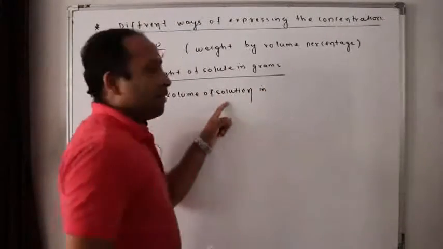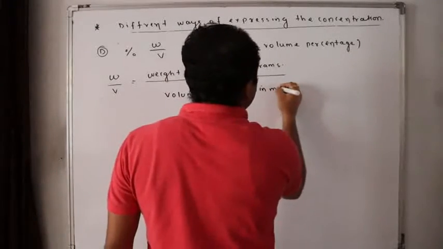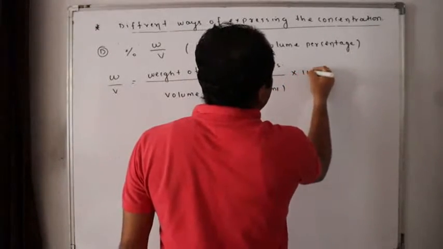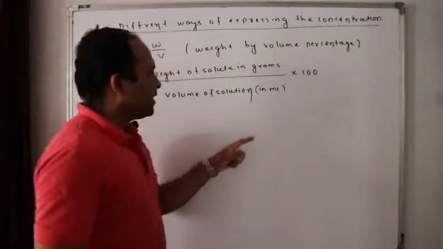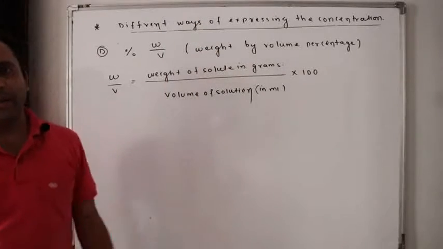In previous cases I was taking milliliter; here also I will take milliliter, times 100. That means, isn't it a gram per ml? Something like this, gram per ml.